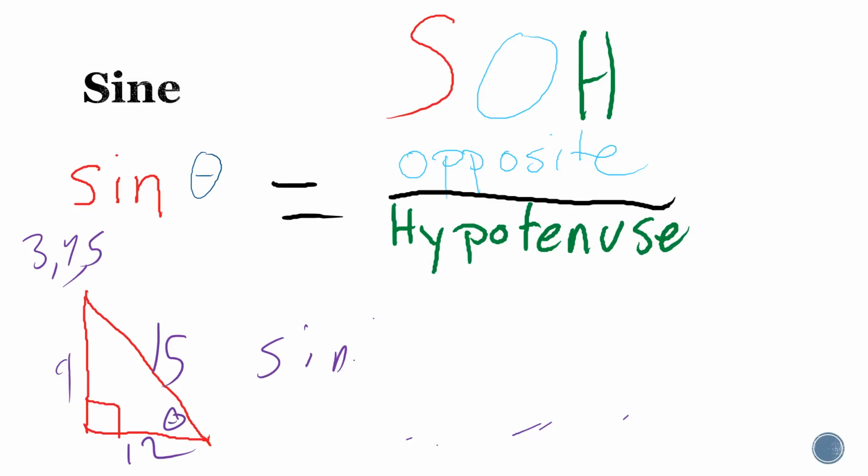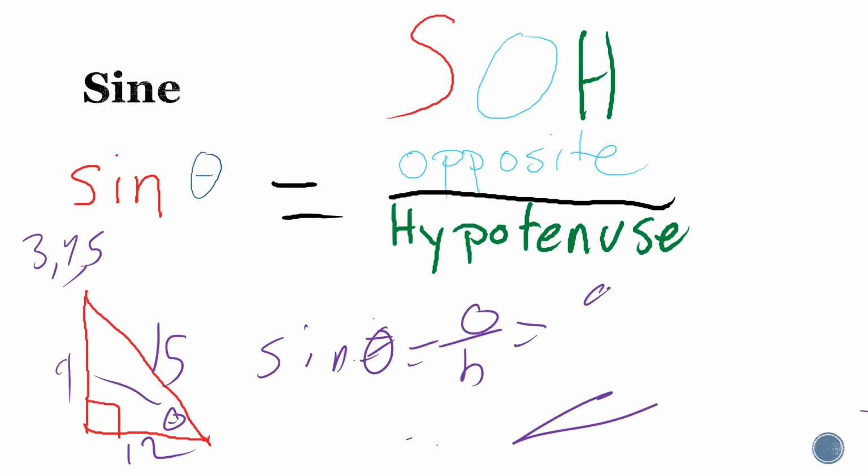So you have the sine of theta. That is going to be equal to the opposite over the hypotenuse every single time. So that's going to be equal to, well, my opposite is my 9 because it's directly across from the theta. It is the only side not touching the theta. Over the hypotenuse, again, directly across from the 90 degrees, is 15.